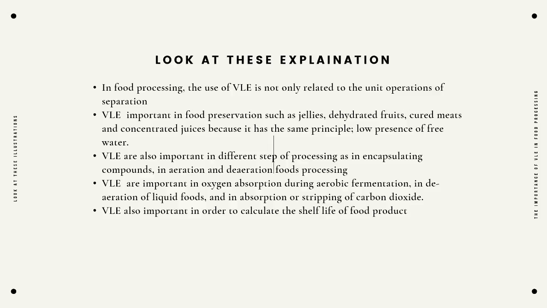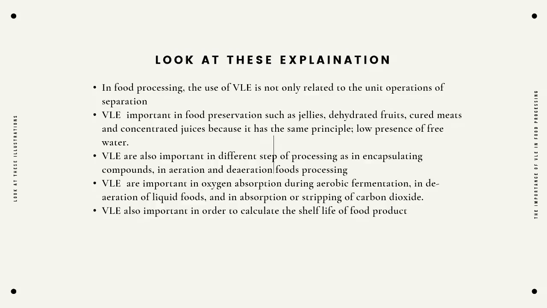And then next, the last one is that VLE is also important in order to calculate the shelf life of food products. When we say food and shelf life, we can calculate the time when it is supposed to spoil, so that consumers are aware that they cannot consume the product when it is spoiled.